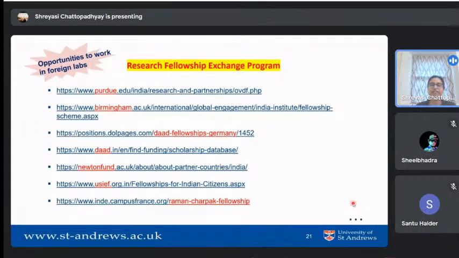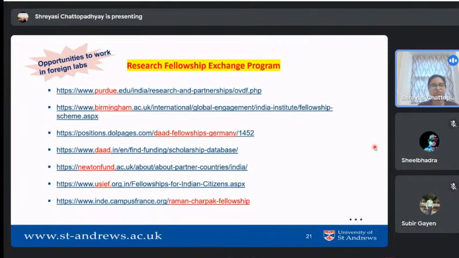There are exchange fellowships from particular universities through Indo collaborative programs, and also collaborative programs from Germany, France, the US, and the UK. There are several more as well, so just go and check.